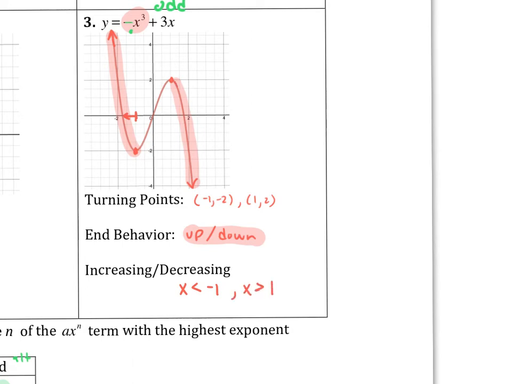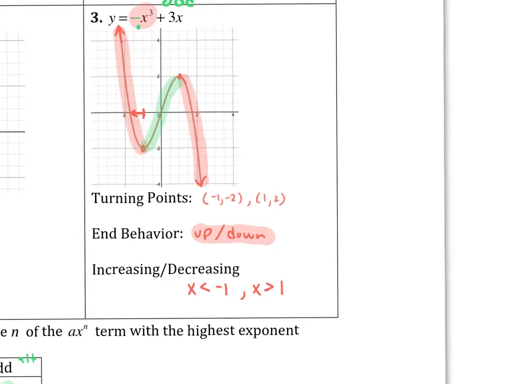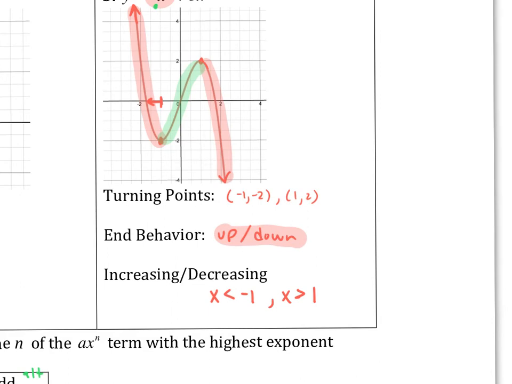What happens in between? Here is where it's increasing, when x is between two numbers. Which two numbers? When x is between -1 and 1, that's when it's increasing. Notice I'm differentiating here with color, but also with labels. Increasing in this region, decreasing in this region.